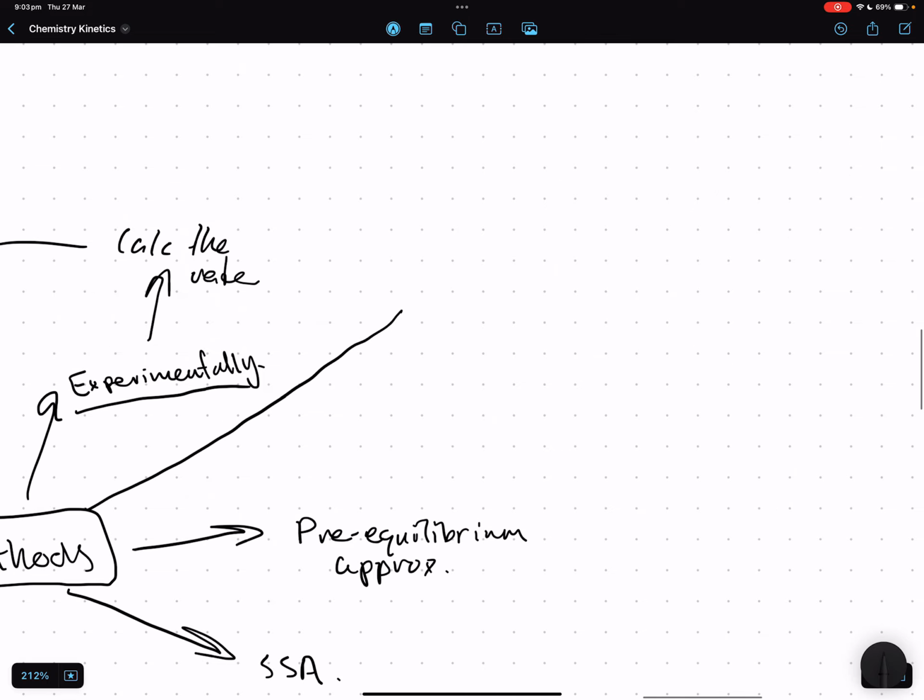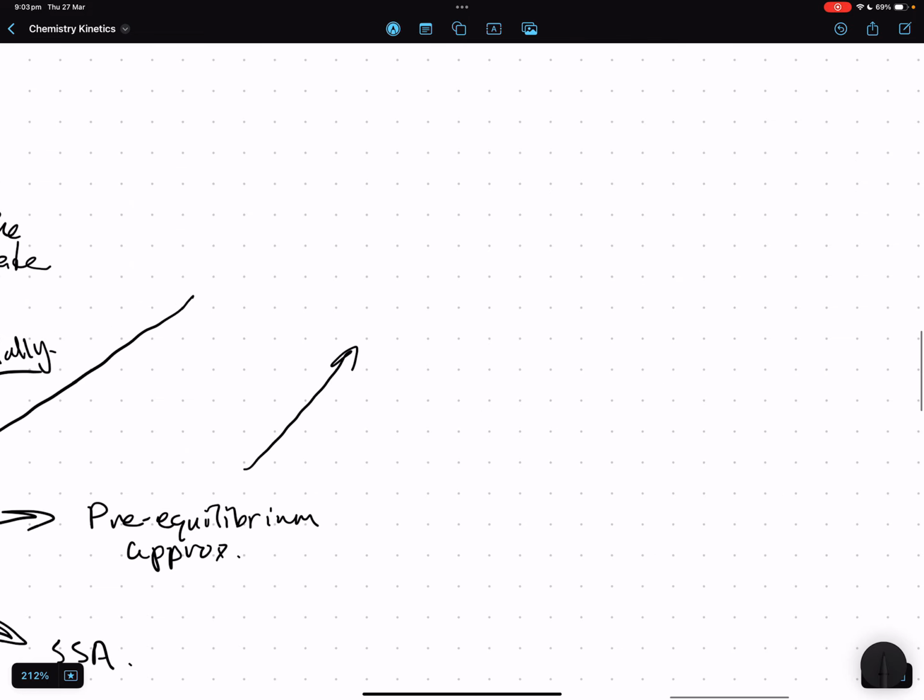Now, pre-equilibrium approximation. So remember elementary steps. We can sometimes have a slow step, and a slow step determines the rate of the reaction.